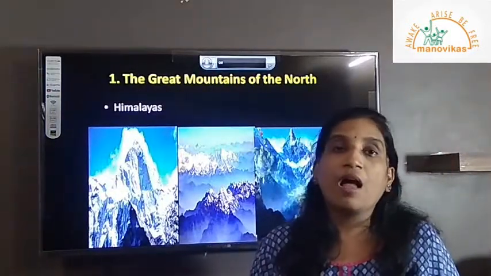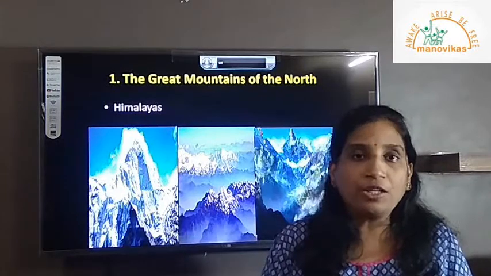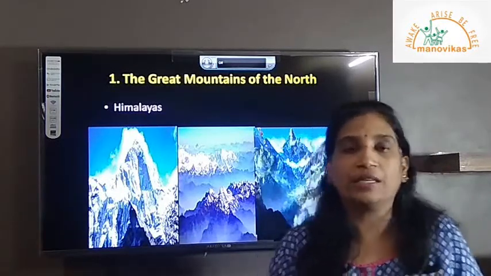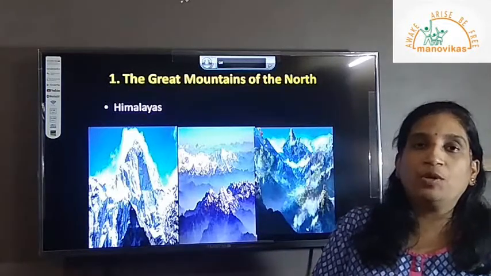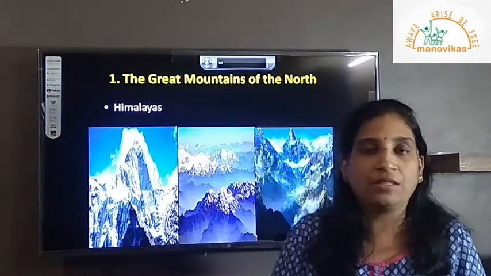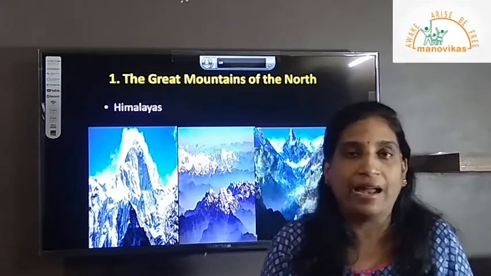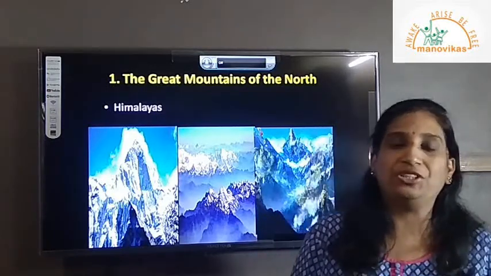Now India is divided into major physical divisions. The first division we are going to look at is the one which stands as very high landforms, in the form of very raised land, that is the mountainous region.